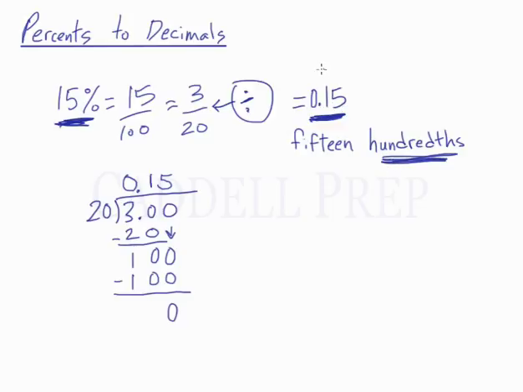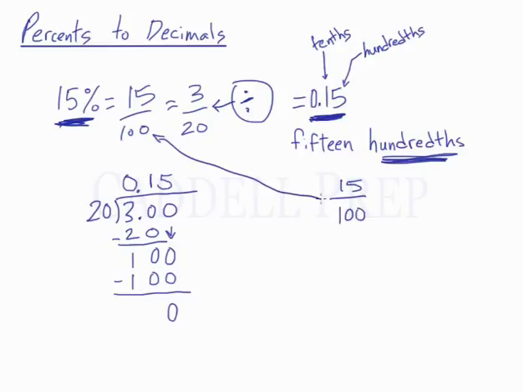Well, this is the 10th spot, right? And this is the 100th spot. 15 hundredths means 15 over 100. It's the same thing.